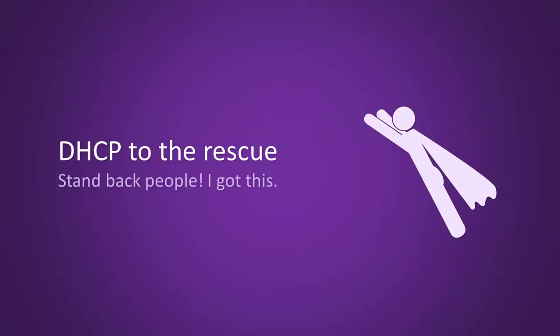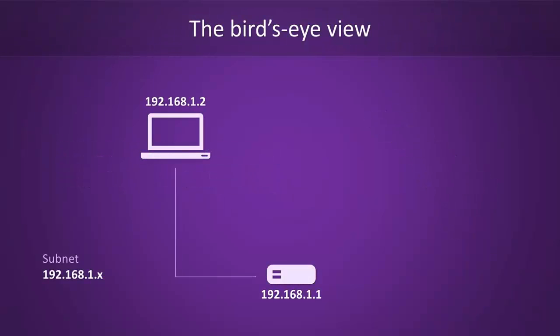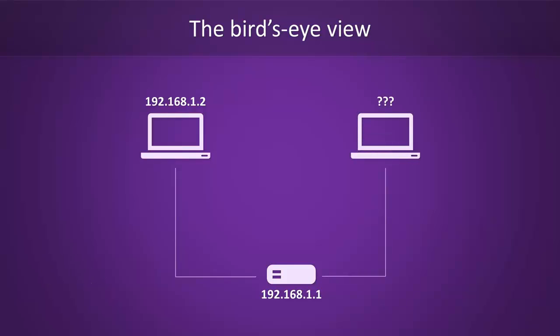Instead of keeping track of all those IP addresses manually, why not let DHCP do all the math for you? Before we cover the technicalities of the algorithm, here's the simpler bird's eye view. Jumping back to the previous example, the second computer has just joined the network. At this point, it doesn't have an IP address, but it wants one. First, our new host will send a message asking for an IP address.